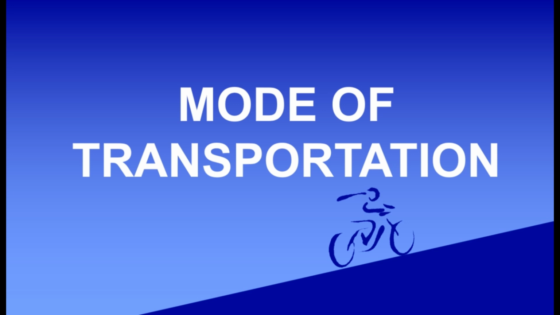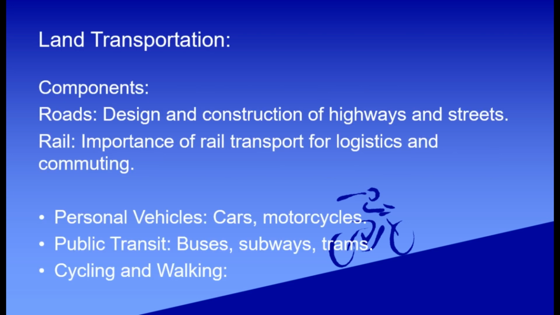So for land transportation, we know it is the most common form of transport and involves vehicles, cars, trucks, buses, motorcycles traveling on the road, and the road design and construction of highways and streets. We also have the rail.